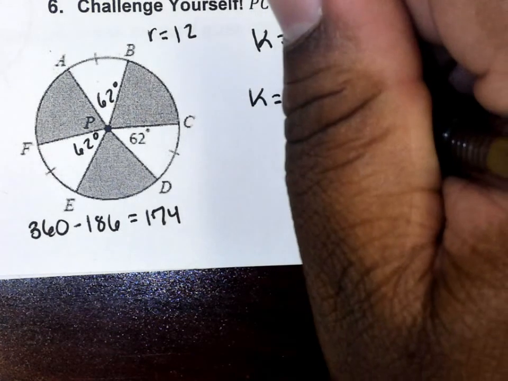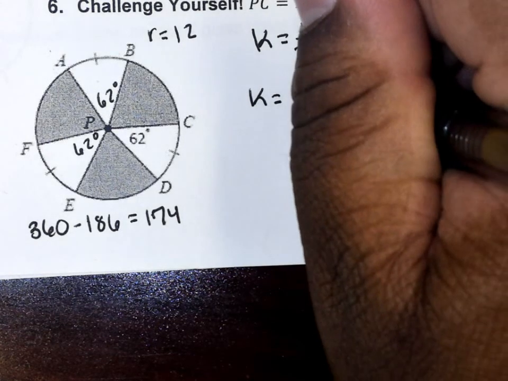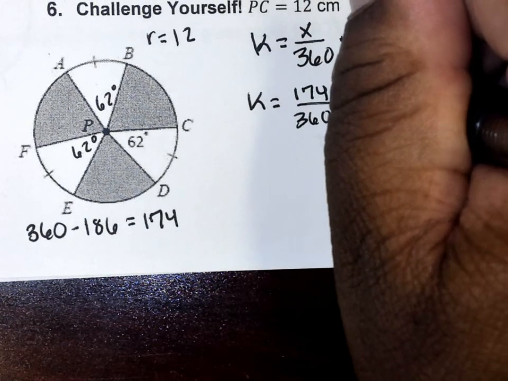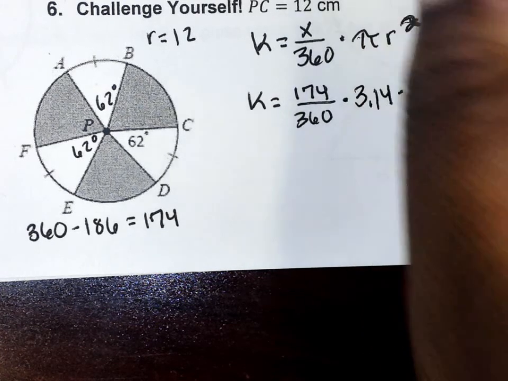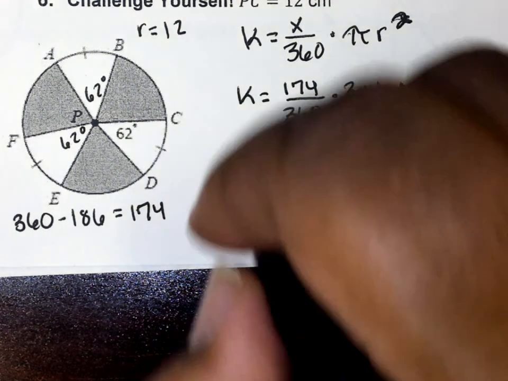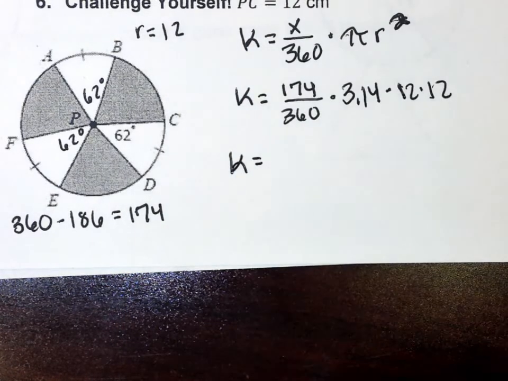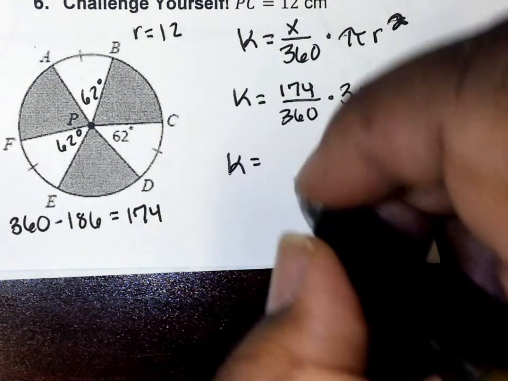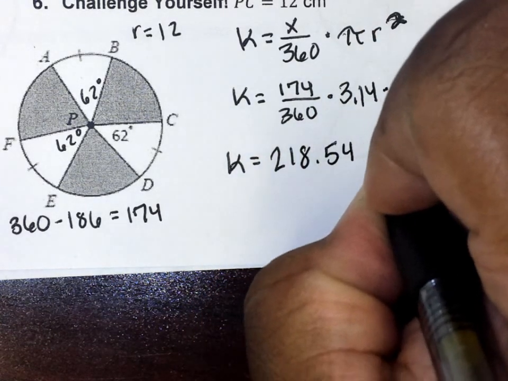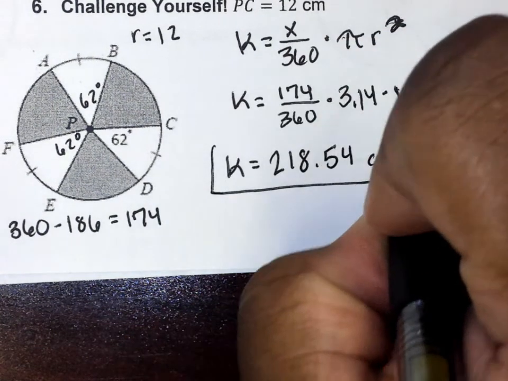Then from there, times 3.14 times my radius, which is 12 times 12. K equals. Go ahead. Thank you, sir. This is centimeters squared.